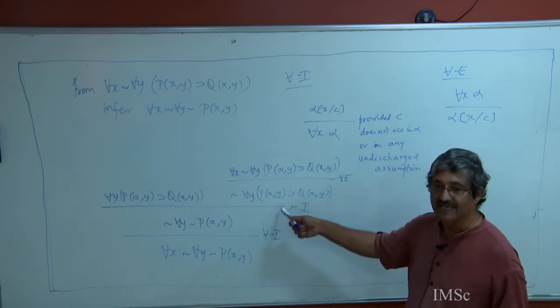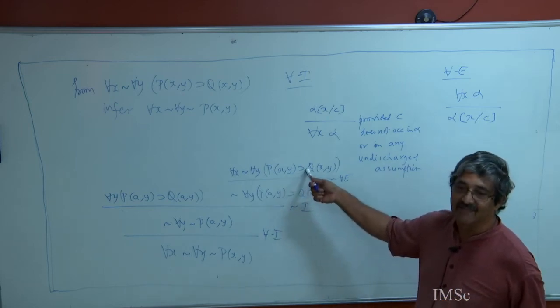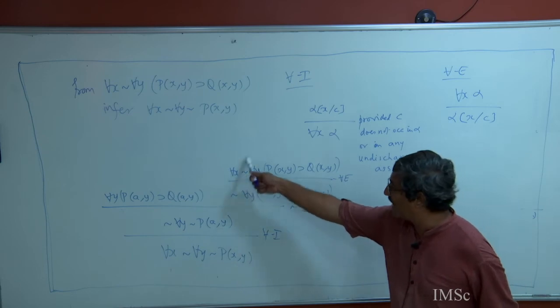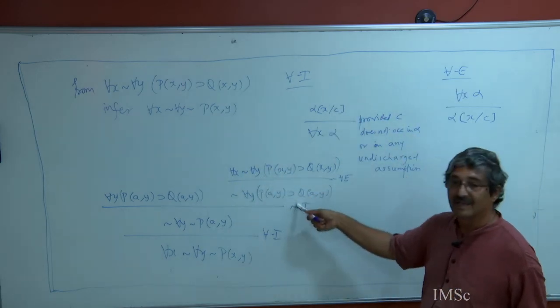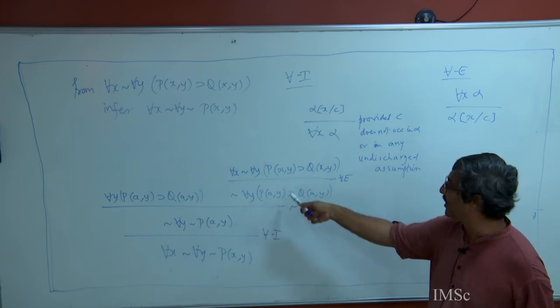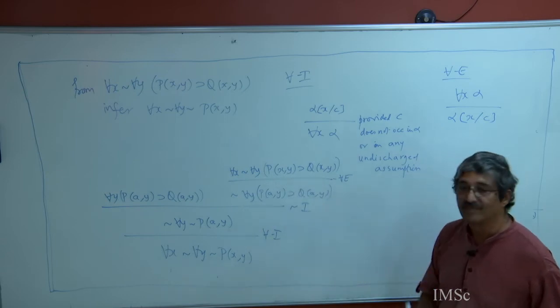Is this step clear? This is directly given. I know that for all x alpha is here, therefore I can always substitute some element for it. If I substitute x by a, I get this, so this part is easy.